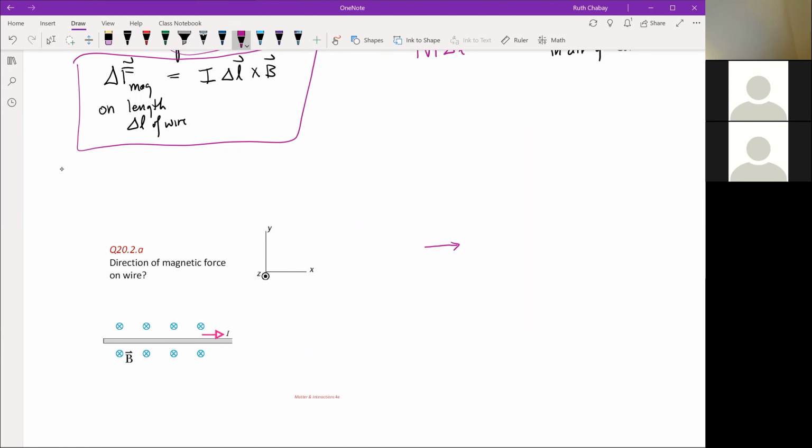So we have the vector delta L in the direction of I. We have the magnetic field into the page. And so using our right hand, point the fingers in the direction of delta L, curl into the page. Our thumb sticks up in the plus Y direction. So the magnetic force on this current carrying wire should be in the plus Y direction.